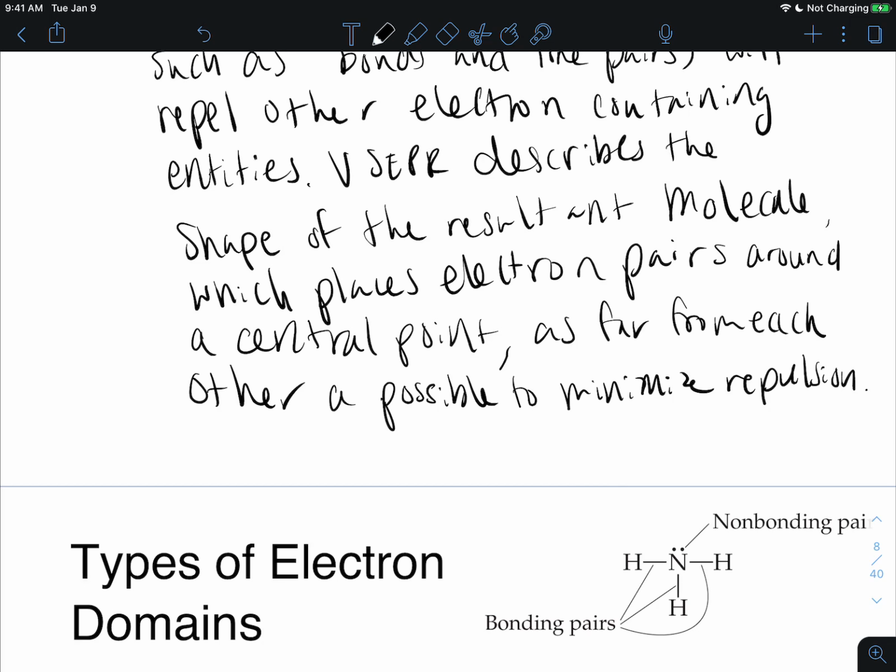Okay? So you're just basically taking anything that has electrons, bonds, or lone pairs, getting them as far away from each other as possible.